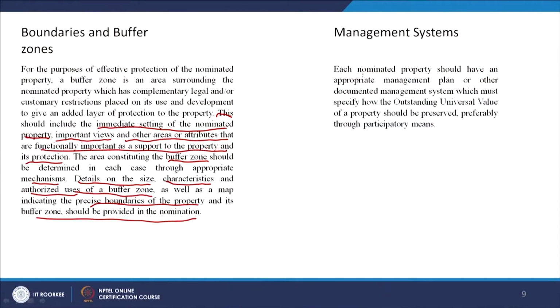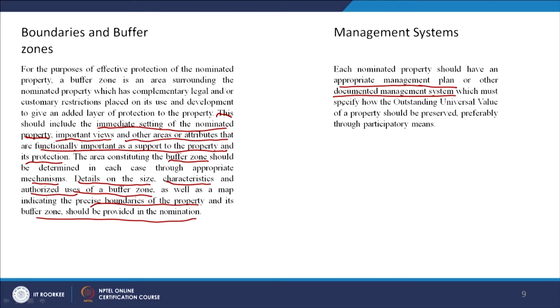So apart from the legal constraints and the control mechanisms, how they can appropriate this place, it is equally important to talk about the management systems. Every nominated property should have an appropriate management plan or documented management system which must specify how the outstanding universal value of the property should be preserved, preferably through participatory means.